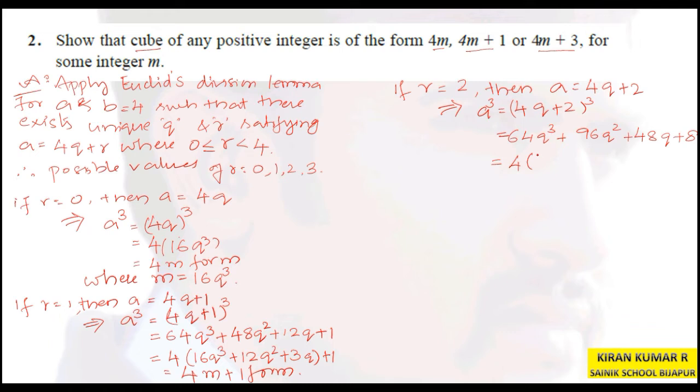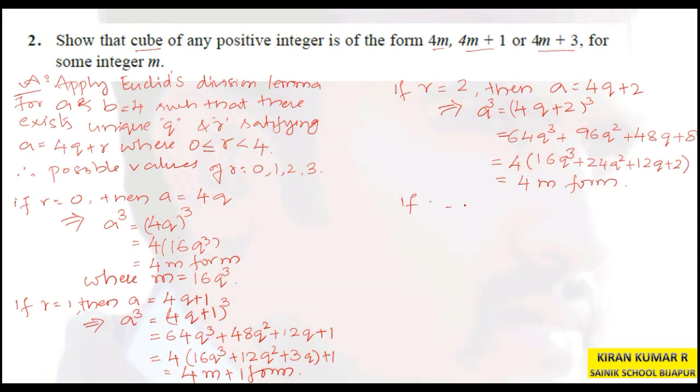I'll be getting 16q cube plus, if 4 is taken common in 96, I'll be getting 24q square plus, 4 taken common in 48, I'll be getting 12q. 4 taken common in 8, I'll be getting 2. So it is like 4m form.